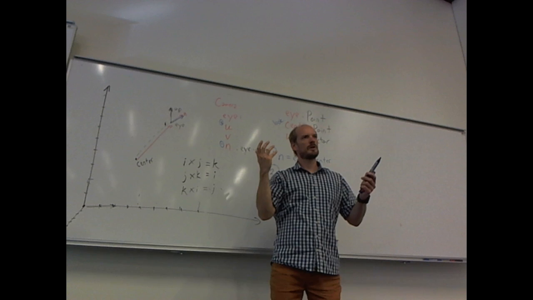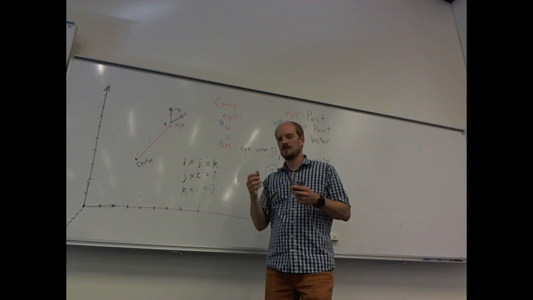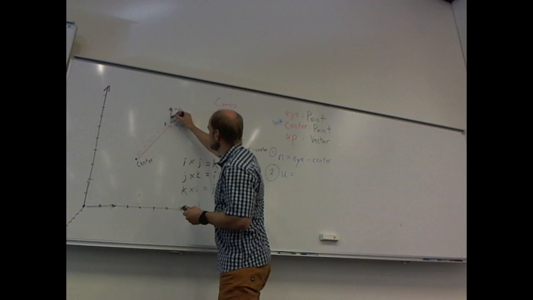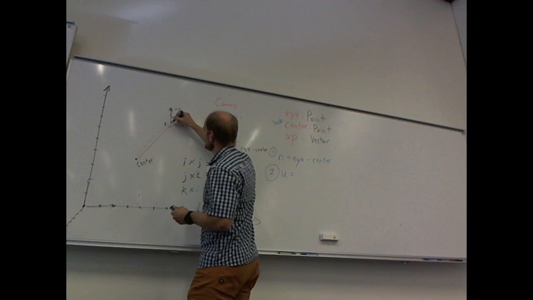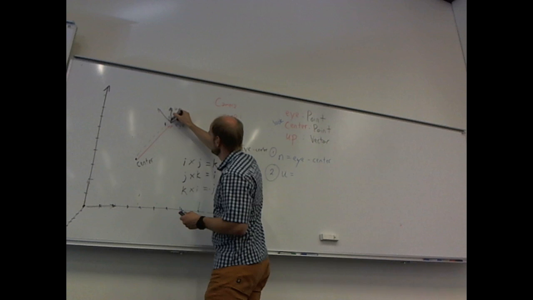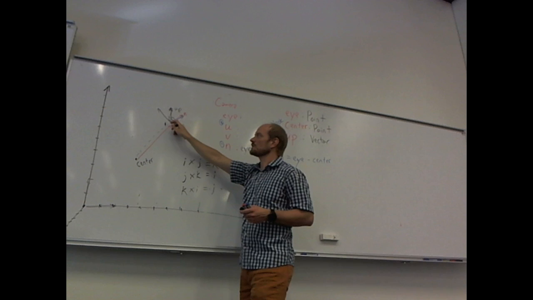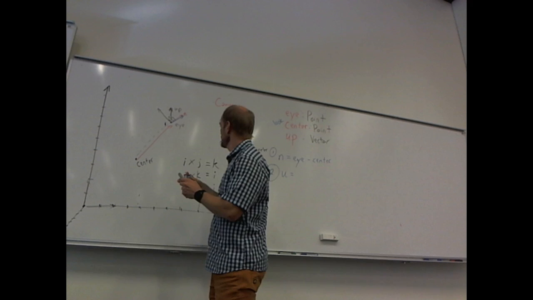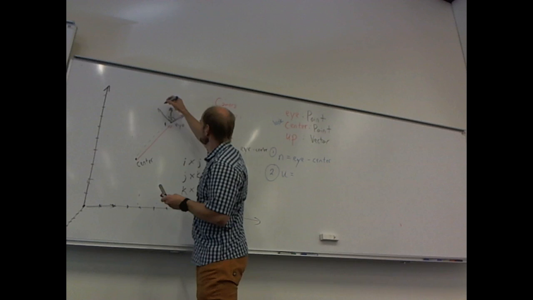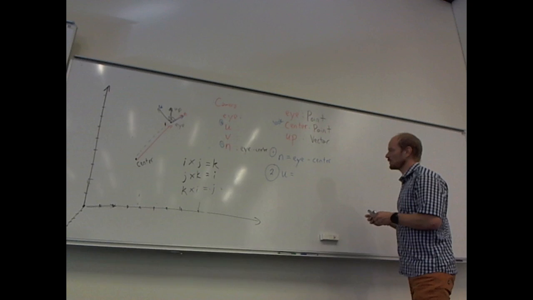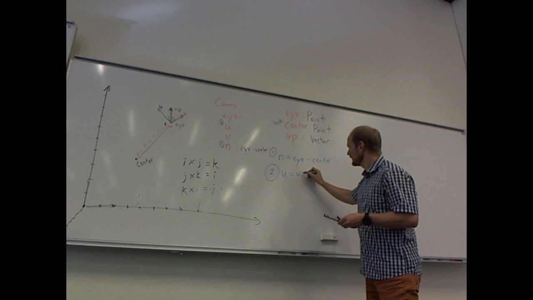So even though these are not perpendicular to each other, we can still get a vector that is perpendicular to both of those, and that will be our u vector. So that's going to be up cross n, like j cross k. Up cross n.